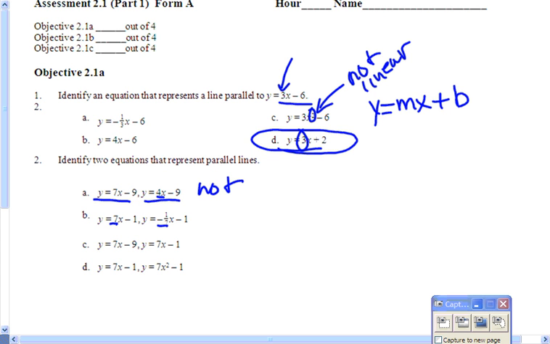Those aren't the same coefficient, so not parallel. This third equation, both of those have a coefficient of 7, which means their slope is 7. So those two are parallel. And the last two, they have the same coefficient, but one of them is not a linear equation. It has an x squared, so that's why you wouldn't pick that one.